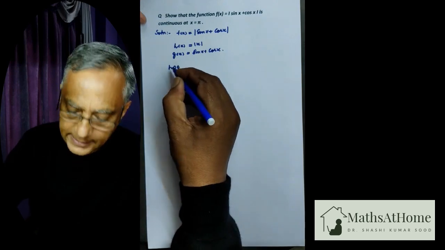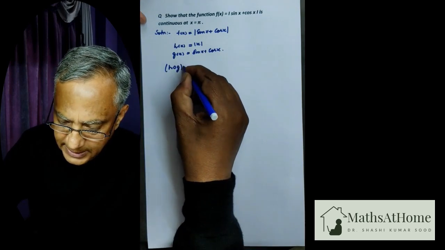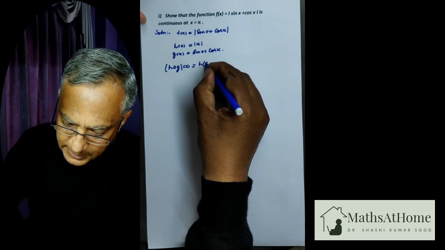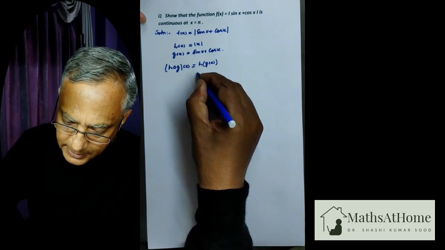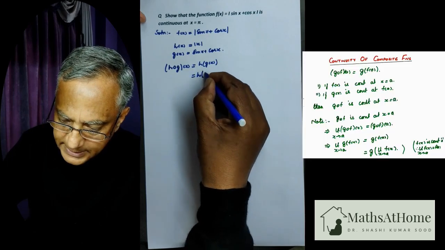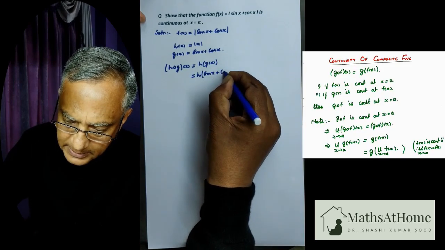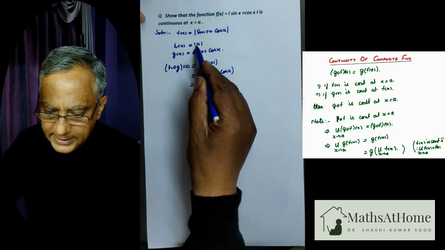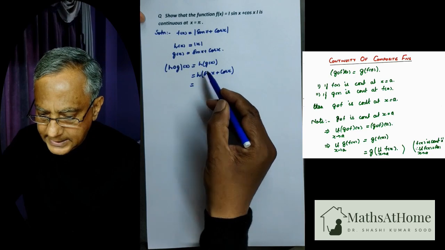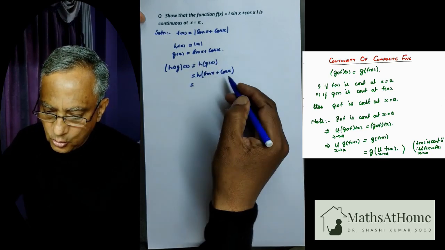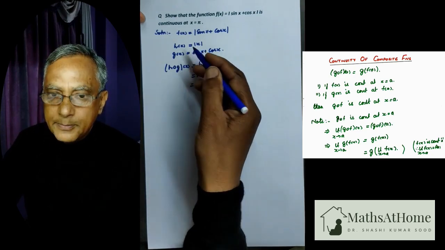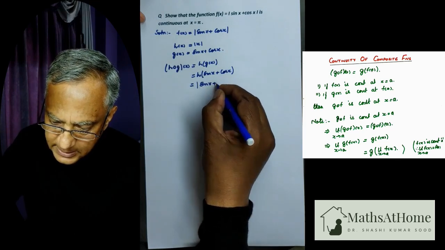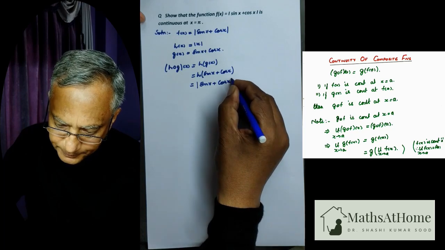We can verify that h of g(x) is equal to h of g(x), where g(x) is sin x plus cos x. Now h(x) is this, here x is equal to sin x plus cos x. So we replace x by sin x plus cos x and we get mod of (sin x plus cos x).